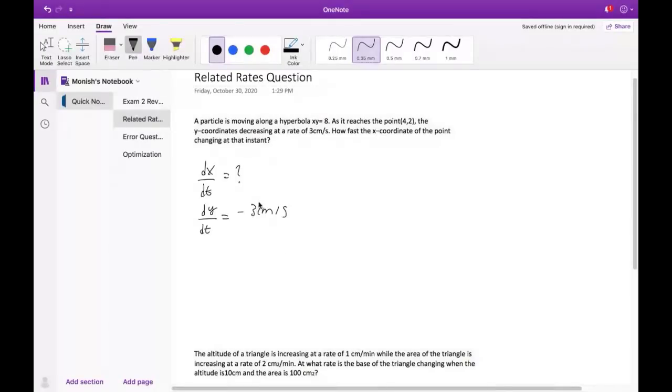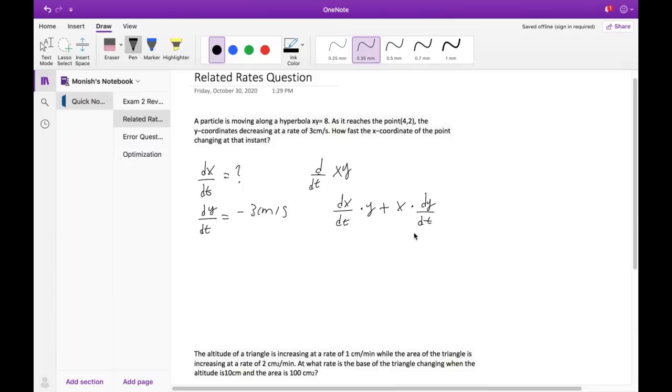Okay, so basically the function it gives you is xy. So you're first going to have to take the derivative of xy with respect to t. So by doing a product rule, we'll just get dx over dt times y plus x times dy over dt.